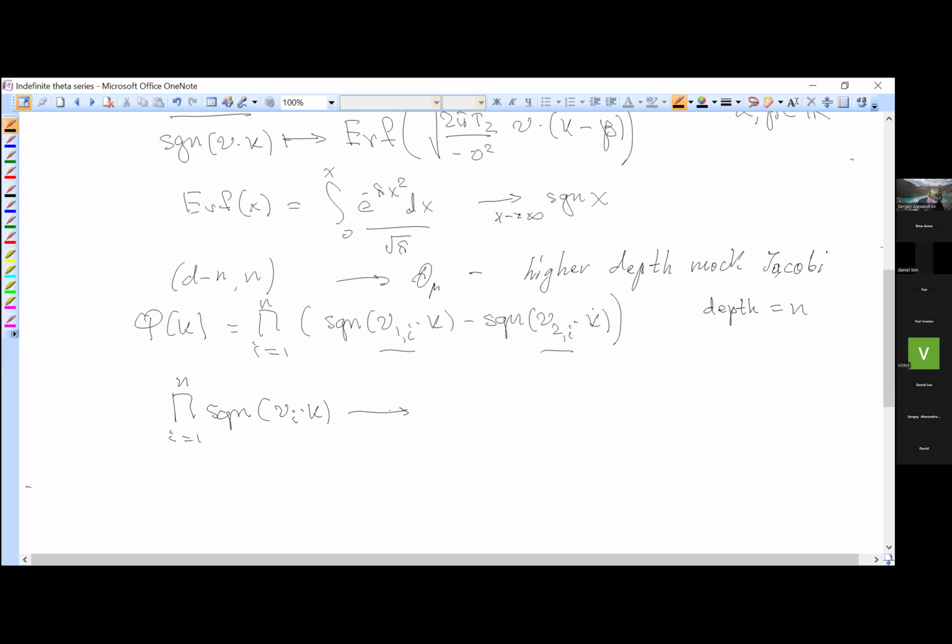So the claim is that you just need to replace each such monomial by the so-called, well, I'll write it, then I'll tell the name, tau 2, k minus beta, where beta is again essentially the imaginary part of the elliptic parameter. And this is called the so-called boosted generalized error function.